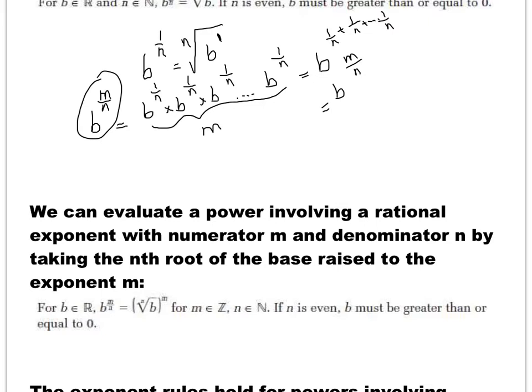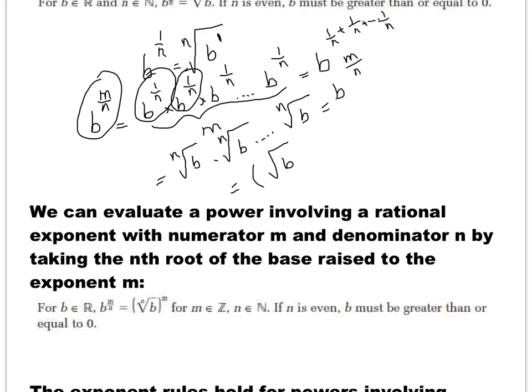But remember that b exponent 1 over n here, based on our previous notation, can be written as root n of b. So the next one here can also be written as root n of b, m times. Now when you multiply the same thing m times, this is the same as b root n exponent m, which is power of a power.